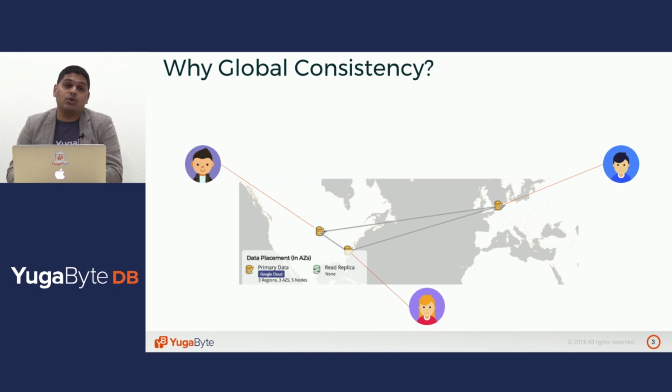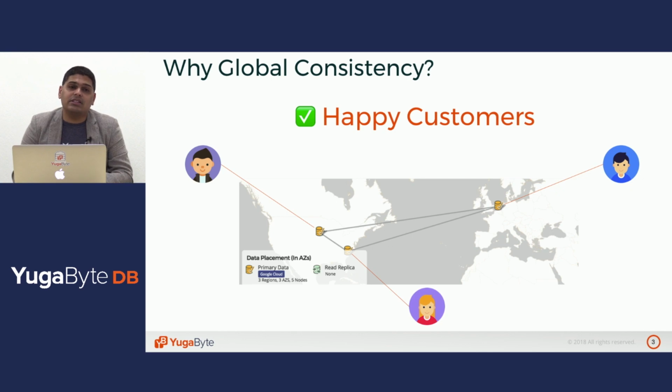Because a user may mistakenly believe that their organization has more credits in Google Ads than it actually has, and schedule their ad to be served by Google, but Google will not be able to do so at the last minute because their ad credits were not there. So at the end of the day, global consistency is a big driver towards ensuring happy customers.